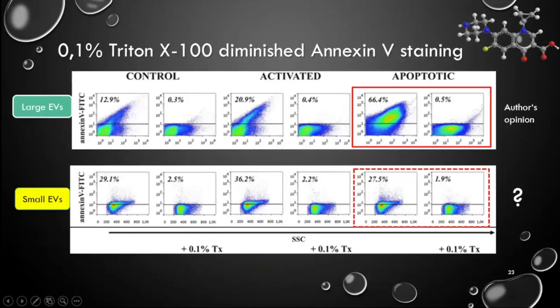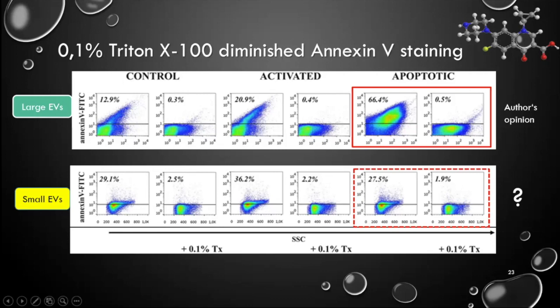Investigating the potential localization of the DNA on the surface, staining was performed with Triton X to annexin V. You can see here, the authors claim that the annexin V signal for the control, activated, and apoptotic cells was really high compared to the other vesicular subpopulation, which I personally don't really see because it's still high without Triton treatment.